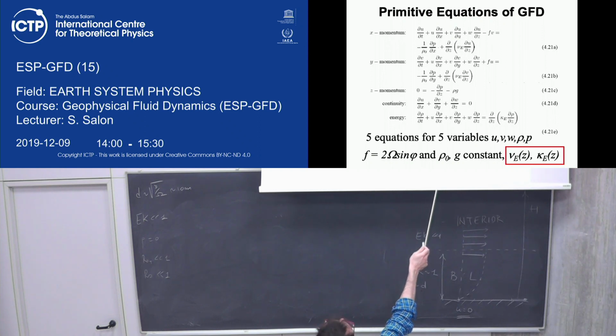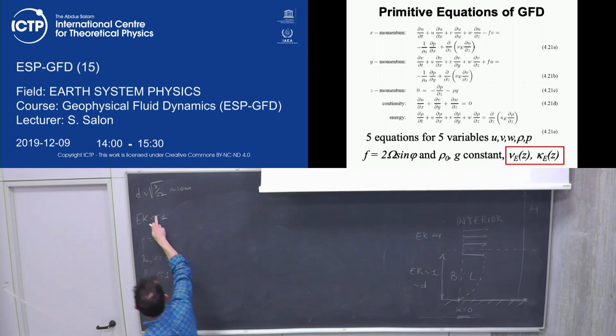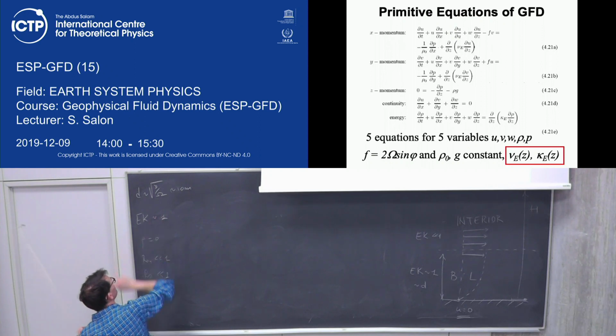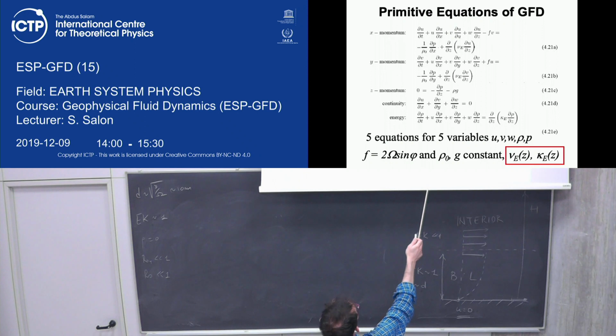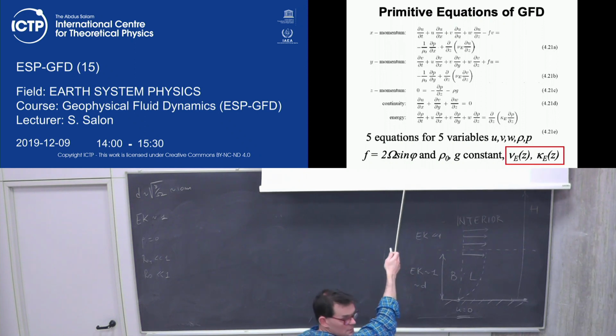And we just keep no longer Ekman much smaller than 1, but Ekman order 1. And so we have Coriolis, we have the pressure, and finally we can keep the friction.